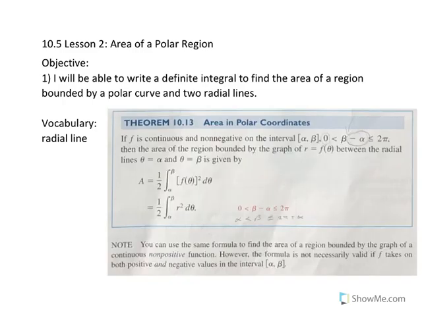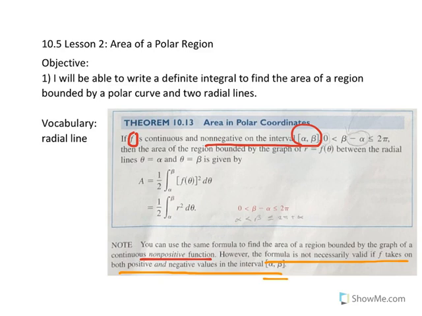Yesterday we derived Theorem 10.13, area in polar coordinates. If you have a polar function f, and it is continuous and non-negative on the interval from alpha to beta, it could also be non-positive, but remember, the formula is not necessarily valid if f takes on both positive and negative values on the interval from alpha to beta.